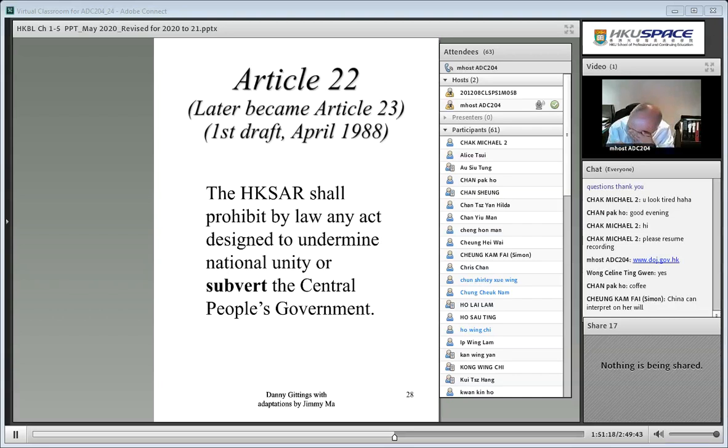Only dealing with the very sensitive political issues, isn't it? Any views on this? Article 22, which later became Article 23, and this was 1988.